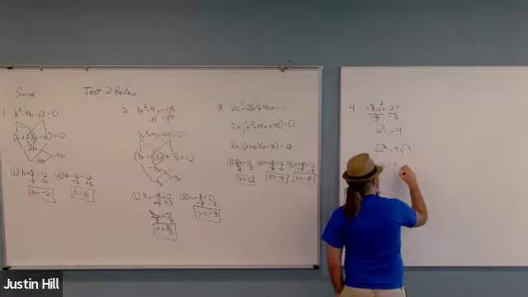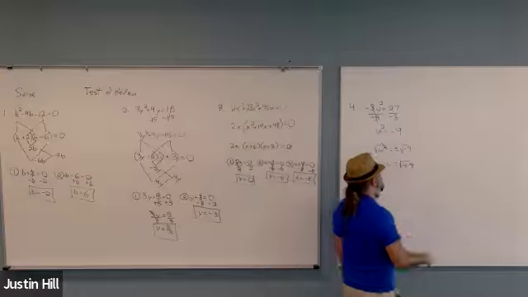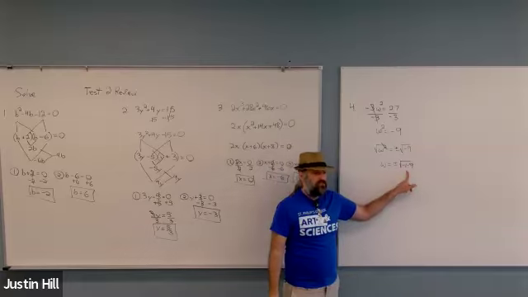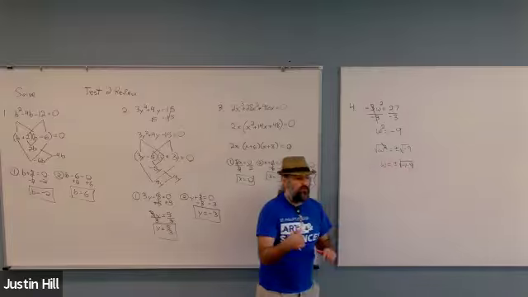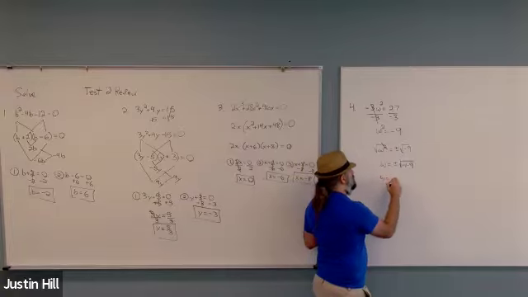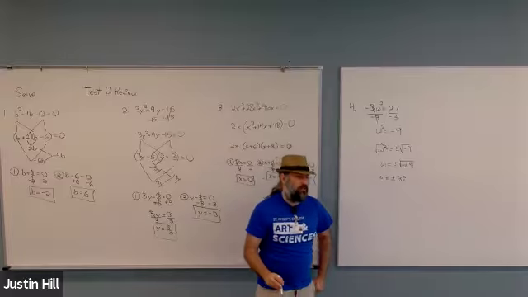One way to think about this is we can think of -9 as -1 times 9, and the square root of -1 has an answer. The square root of -1 is the imaginary number i. So the square root of 9 is 3, and the square root of -1 is i, so this is gonna be plus or minus 3i.